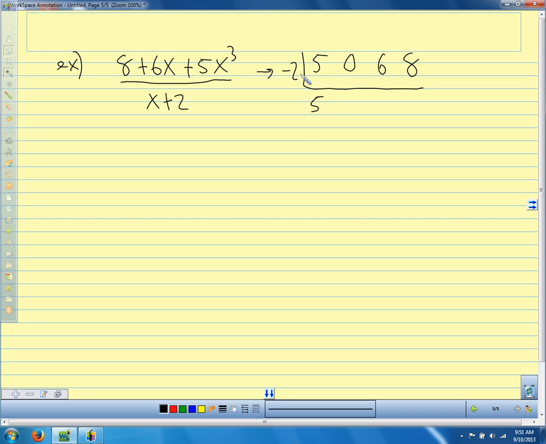Bring the 5 down. I get negative 10. Add those, and I get negative 44. So this tells me that this equals 5x squared minus 10x plus 26 minus 44 over x plus 2.